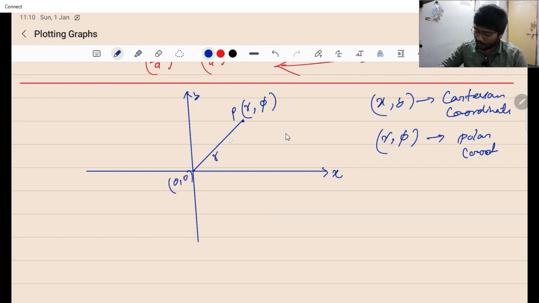This is r, and this is phi. So here I have made two coordinate systems, one Cartesian and another polar.